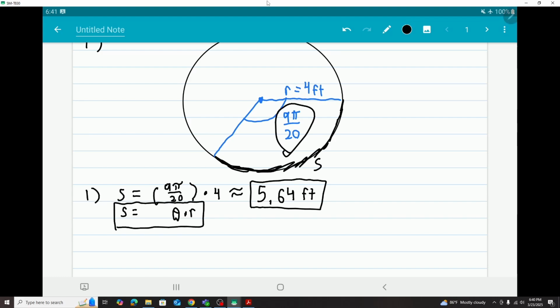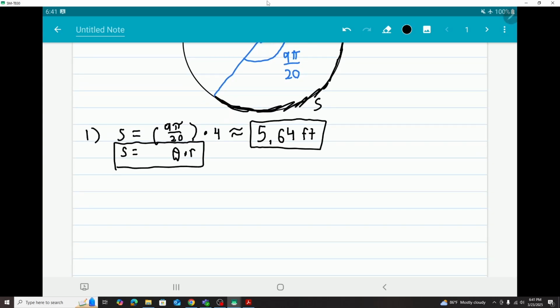Although trying to memorize it by a formula might be dangerous, just because there's a lot of things that could be running around in your brain. It's easier to cross wires. To find arc lengths like this, I prefer just thinking about it as it's literally just your angle measure in radians. How many radians do you have to go? Well, that tells you how many radii you have to move. So just multiply those two numbers together.